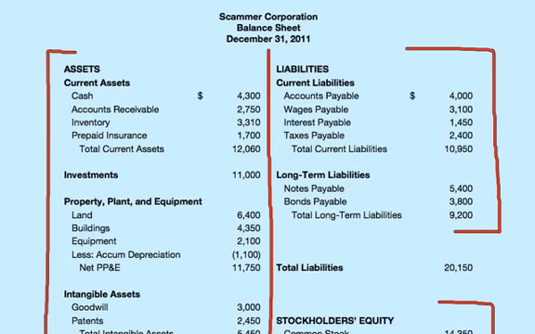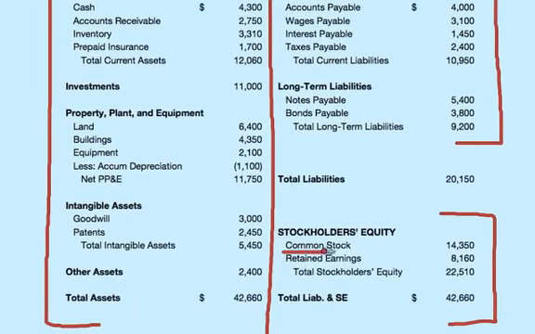So if the company issued a bunch of stock to pay for their inventory, their prepaid insurance, and a piece of land, then that's what this number represents: that the company issued stock to pay for those portions of the assets, and so that's accounted for in the stockholders' equity.